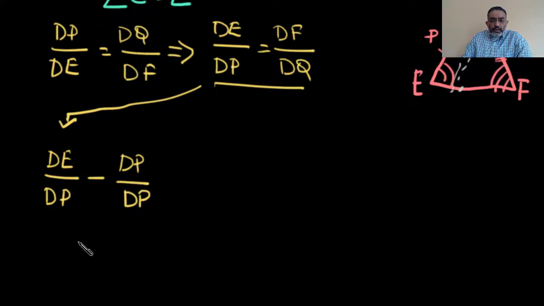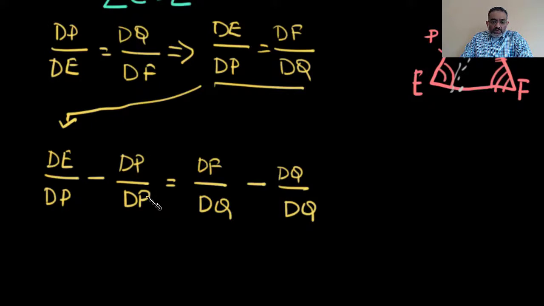What we want is DE minus DP in the numerator and DP in the denominator. Now we have to do the same thing on the other side. So what we need to get is DF by DQ minus DQ by DQ. Now you can see these both are 1s and the equation is balanced.